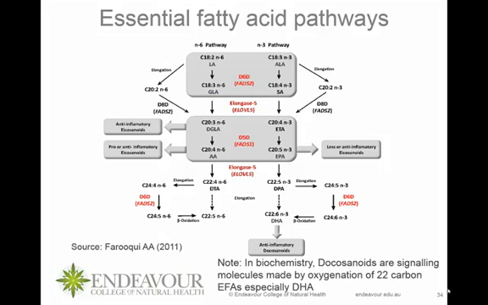You may recall that I talked about desaturase enzymes and elongase enzymes previously. Up the top you've got D6D, and that stands for delta 6 desaturase. Then you've got elongase, and underneath that you've got D5D, which is delta 5 desaturase.